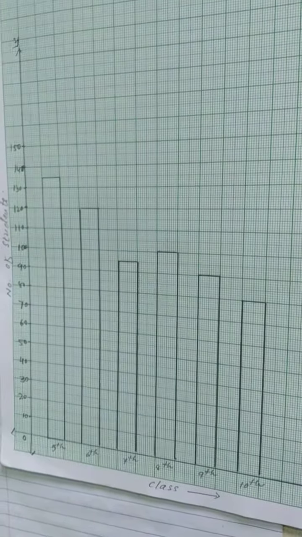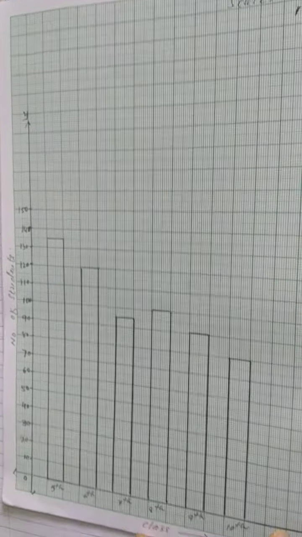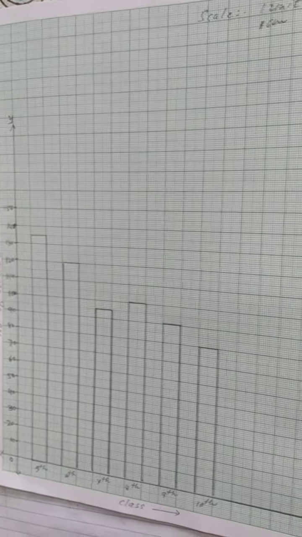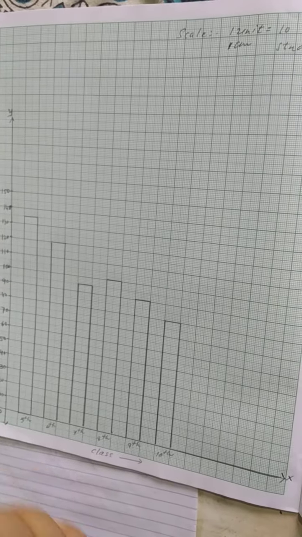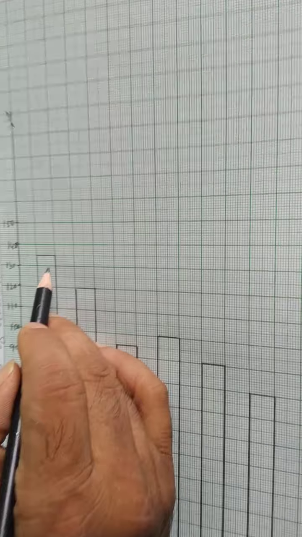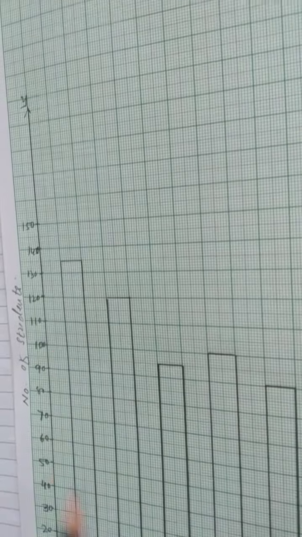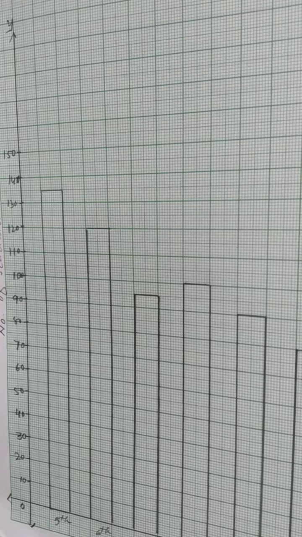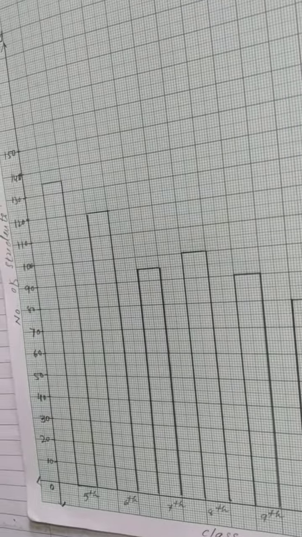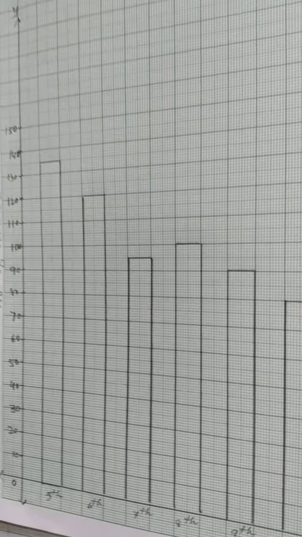So in this way, we can represent the data on our graph paper. Now look at the question. Which class has the maximum number of children? Standard fifth, right? And the minimum, which class has the minimum? 10th, right? Got it?